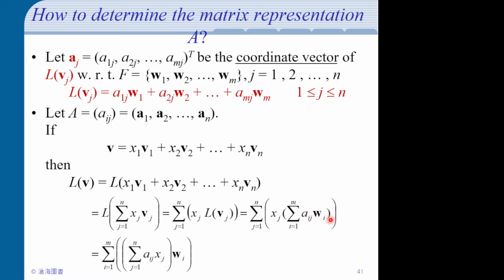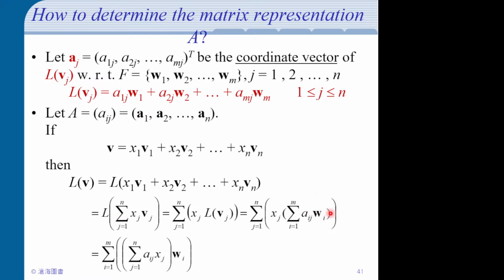We are summing over the first index of A, so summation i from 1 to m of Aij Wi, and the Wi are vectors.